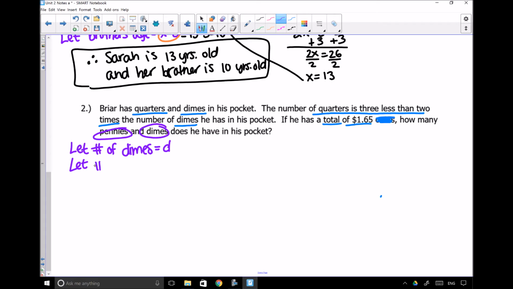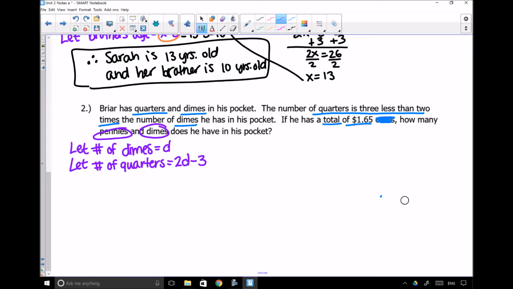Okay, so now we're going to say the number of quarters. Well, the number of quarters is going to be equal to 3 less than 2 times the number of dimes. So how do I write 2 times the number of dimes? I would say 2D, okay? And then how do I write 3 less than that? I'm going to write minus 3, okay?